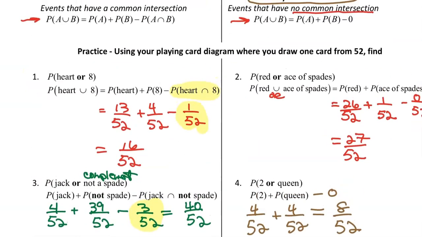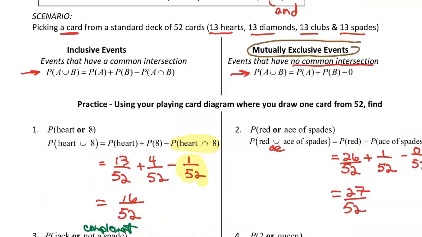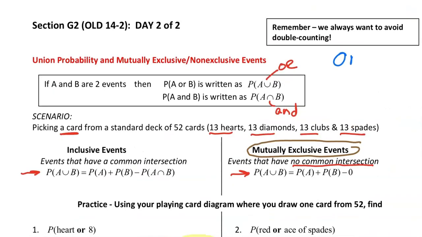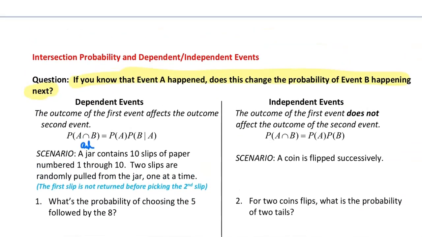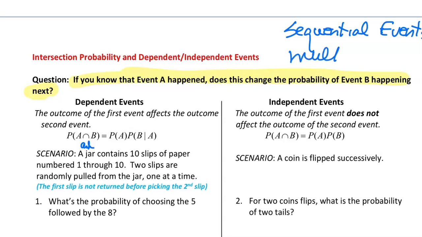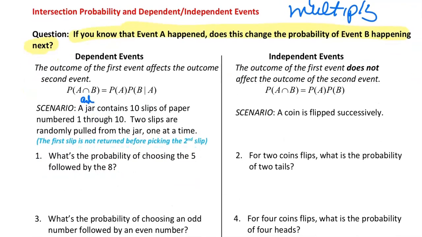Here, there's only one event, so you are adding. So why don't we write that up here? If you have one event, you're going to add. If you have sequential events, you are going to multiply. Okay, this is a point of confusion, so that's why I stopped to do that.